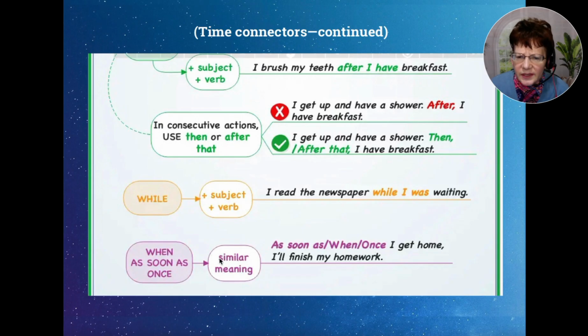So they have a similar meaning here. So, for example, as soon as, or when, or once I get home, comma, I'll finish my homework. It almost sounds like future simple, but yes.